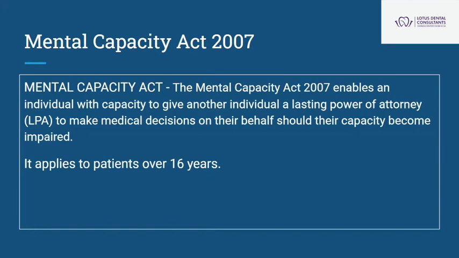There are attorneys who have this authority, or the person has given the authority to their particular lawyer that, look, if something happens to me or if I'm not able to give my consent, you can give a consent for my treatment. Or he might make his son or daughter give the consent on his behalf. So that's the Mental Capacity Act.